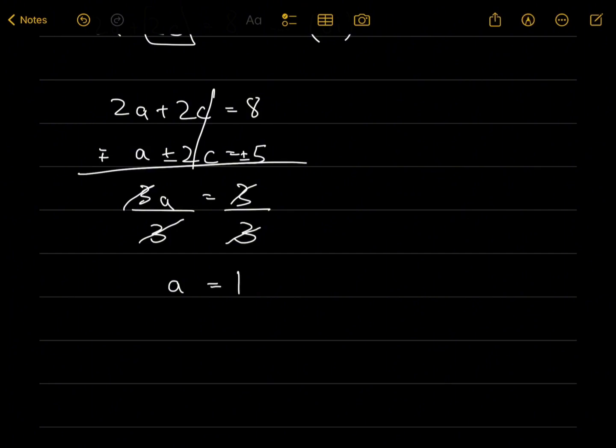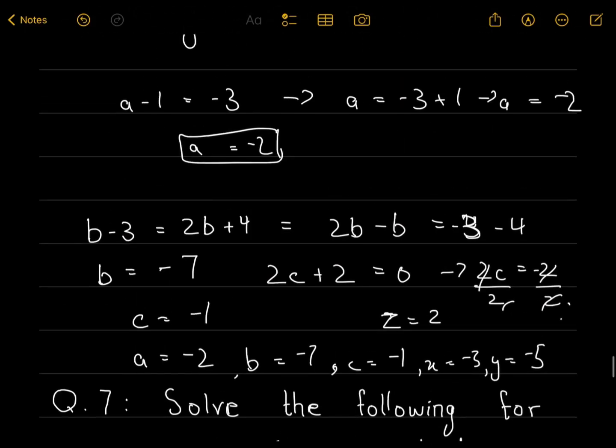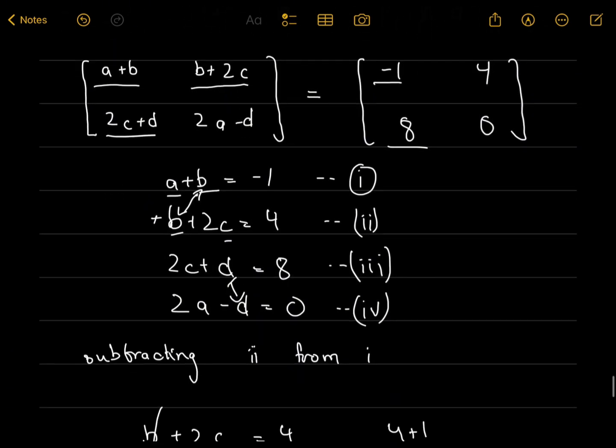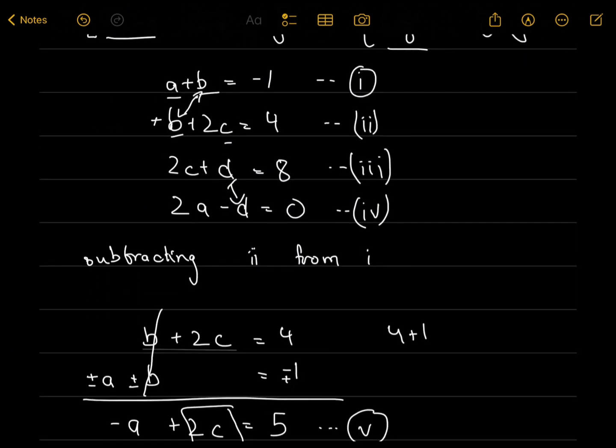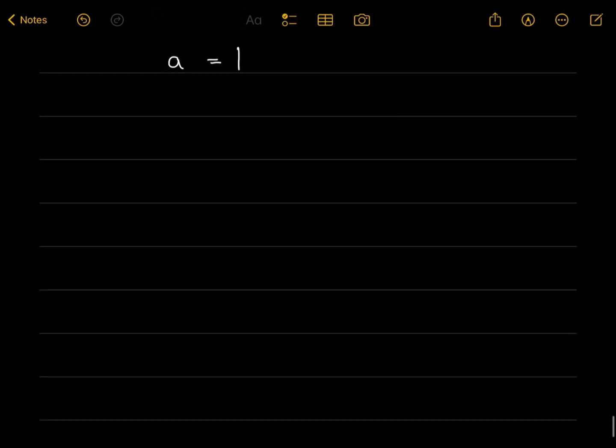So if A is 1, now we'd put these values in the other equations to find the values of B, C, and D. First we'd find B, so that's A plus B equals minus 1.